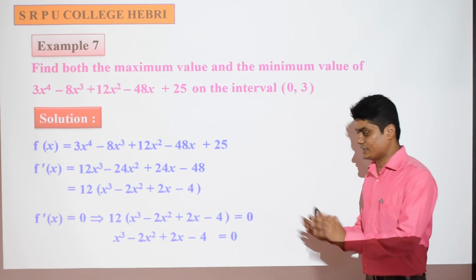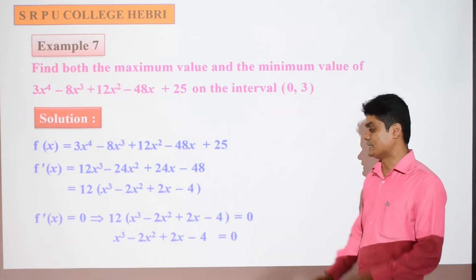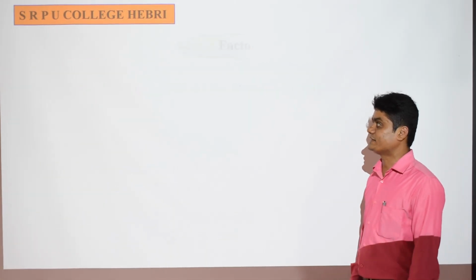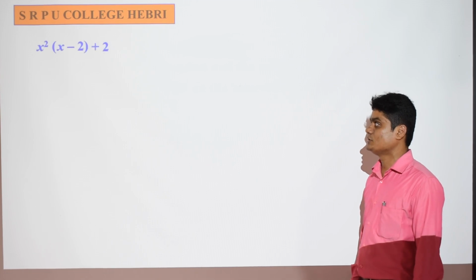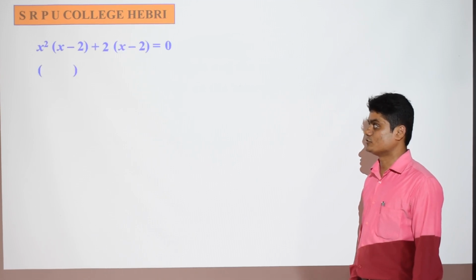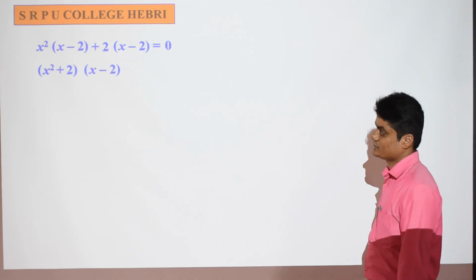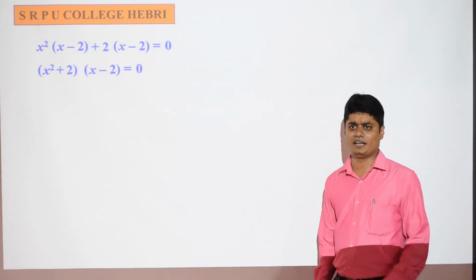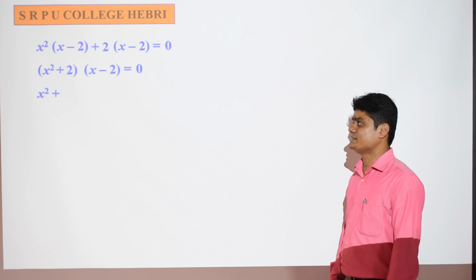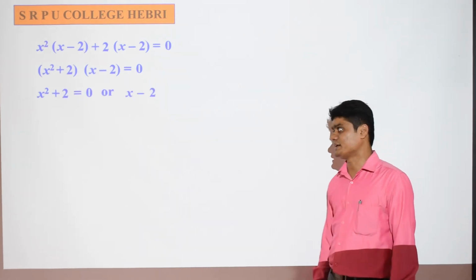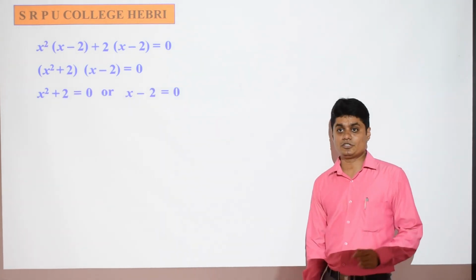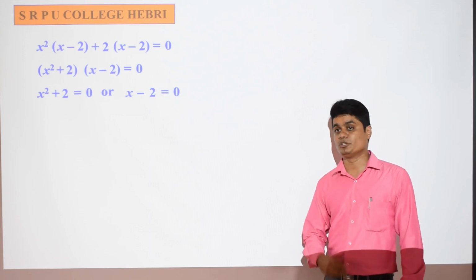What we are doing is taking the common term outside from the first two and the last two terms. In the first two, x^2 is common, so x^2 times (x - 2). Take 2 outside, (x - 2). So (x^2 + 2)(x - 2) = 0. This implies x^2 + 2 = 0 or x - 2 = 0. As I told you, for a cubic polynomial you get 3 roots.